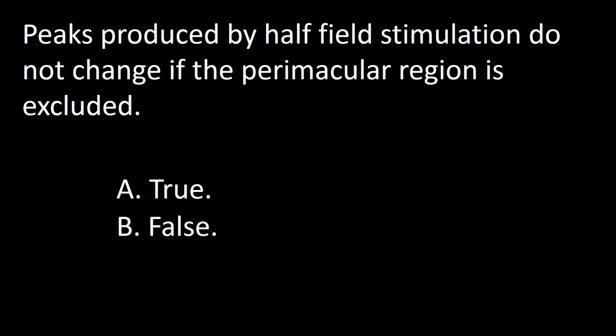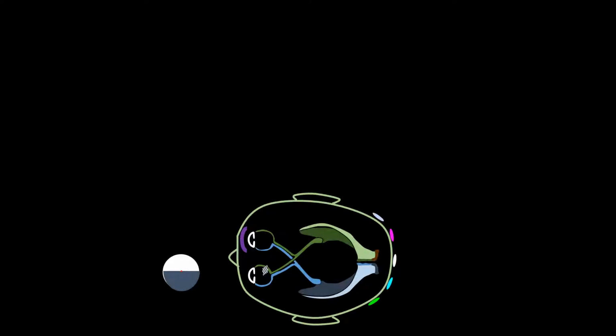Next question. Peaks produced by half-field stimulation do not change if the perimacular region is excluded. A. True. B. False. This frame depicts a left visual field stimulation of the left eye.